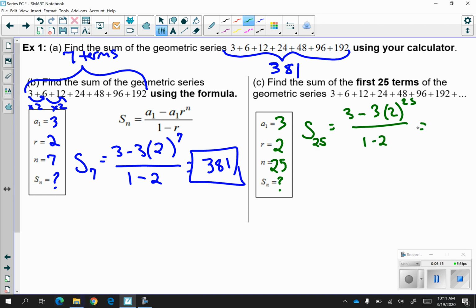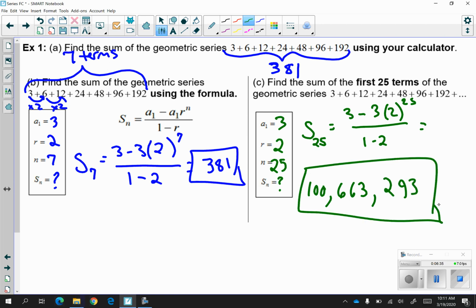Now put that in your calculator and see what you're going to get. You should be getting 100,663,293. I told you that these get fairly large fairly quick. Way easier than actually adding when the numbers are that large.